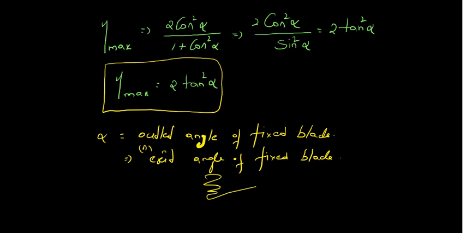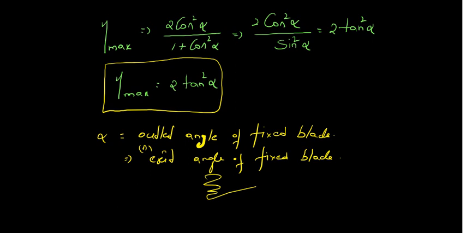Here I have written 1 plus cos. This is totally wrong here. What I have expressed here, is it wrong or right? Tell me. I said wrong, but I have written something else here. Can I consider this value? Yes, 2 cos square alpha by 1 plus cos square alpha.